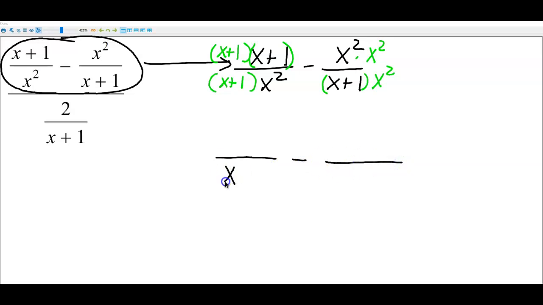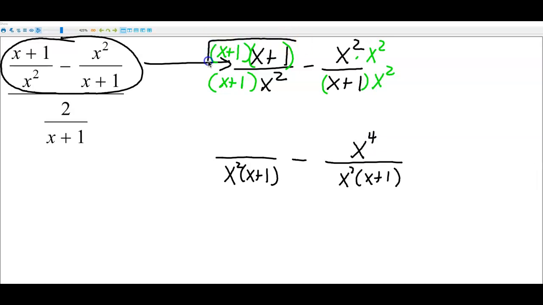All right, so on the bottom I've got x squared, and on the top, x squared times x squared is x to the 4th.